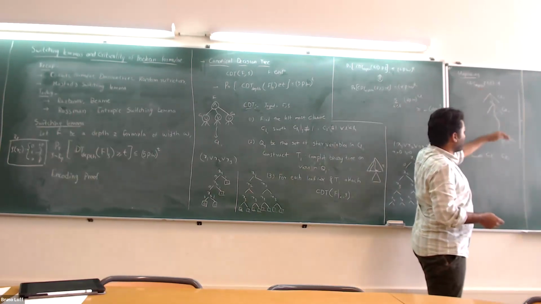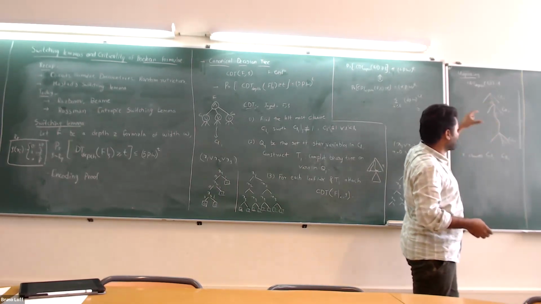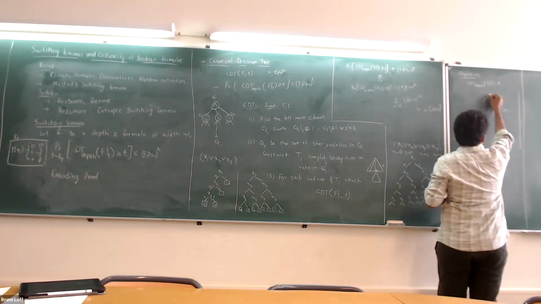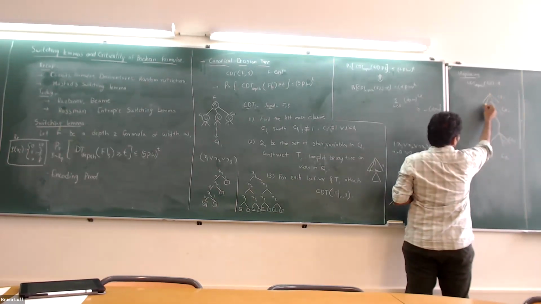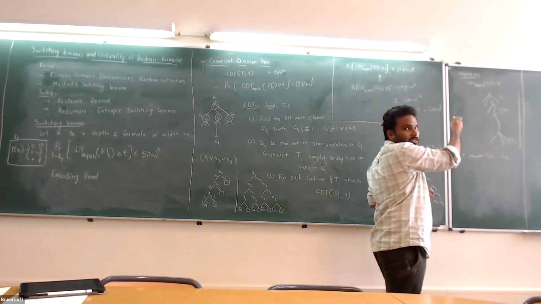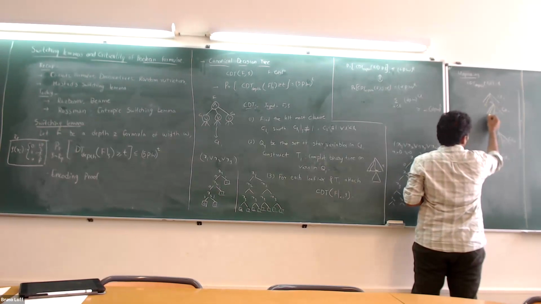Suppose there is a path of length t in the resolution tree. It could be broken into these paths like that. There's only one 0 path. Let's call the 0 path in this sigma 1, the first chunk as sigma 1, the second chunk as sigma 2.